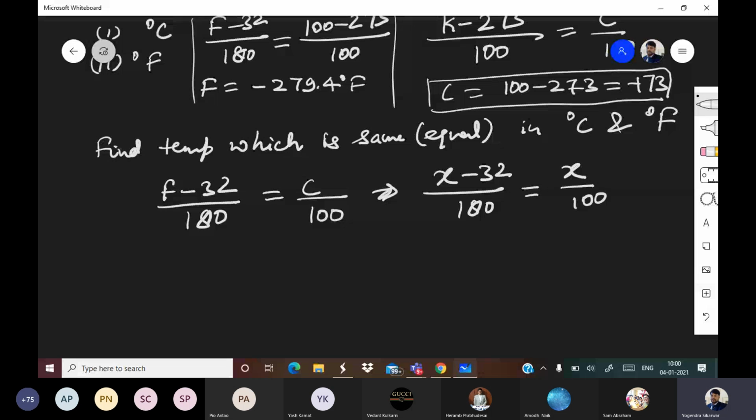Now you can solve this equation, and when you solve, X comes out to be minus 40. So minus 40 degrees Celsius or minus 40 degree Fahrenheit, both are equal. You should remember this value because it is unique.